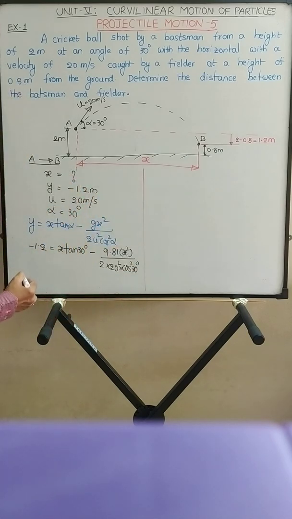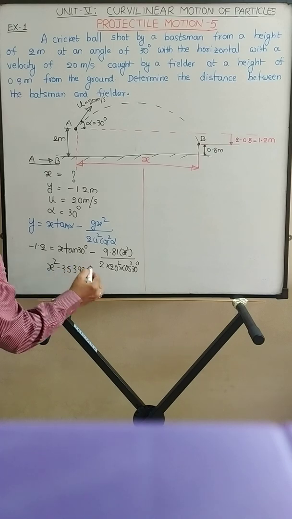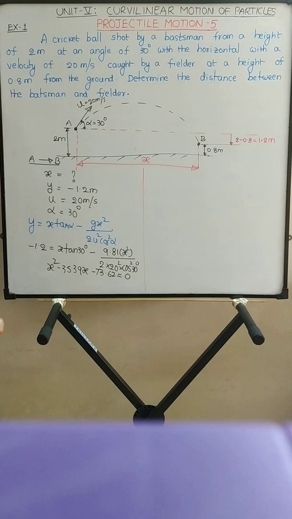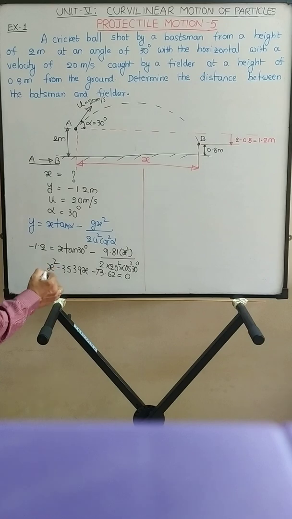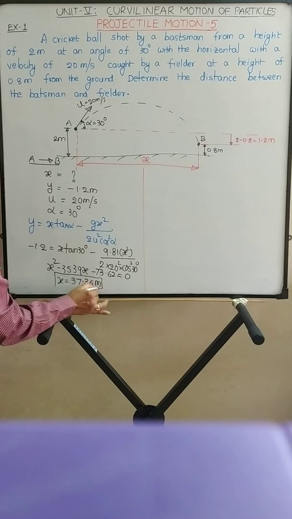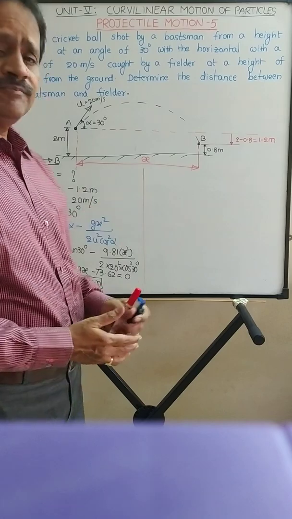So simplifying this, you get a quadratic equation: x square minus 35.39x minus 73.62 is equal to 0. So please find out the value of x. Do the calculations. So solving this quadratic equation, you get x is equal to 37.36 meters. That is the required distance. Right? Directly you can find out using projectile equation.